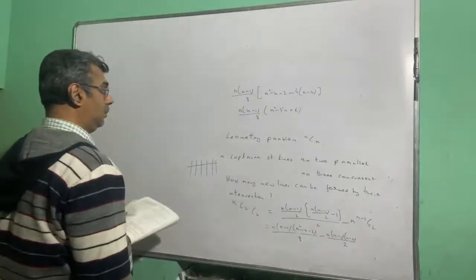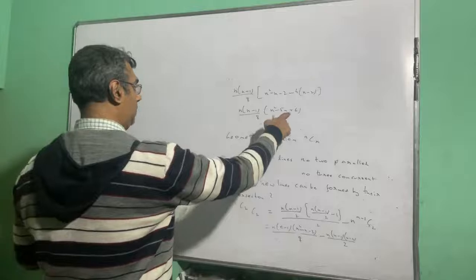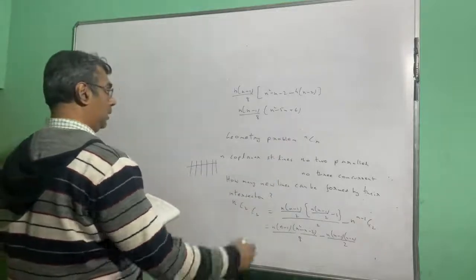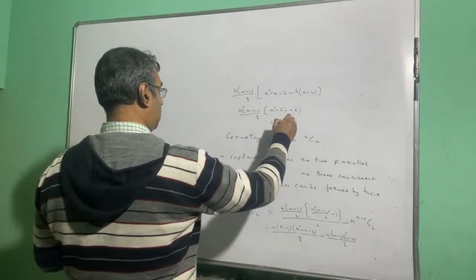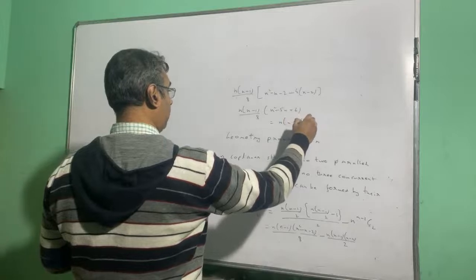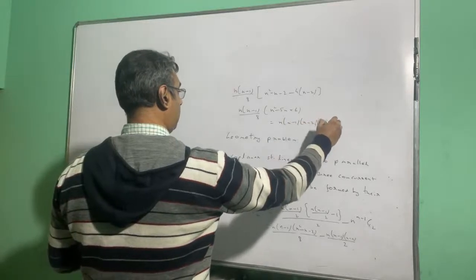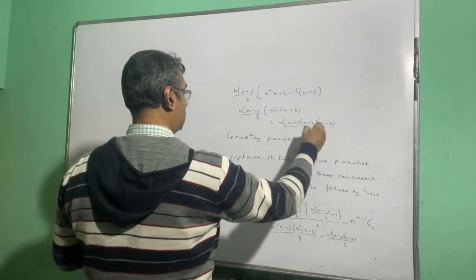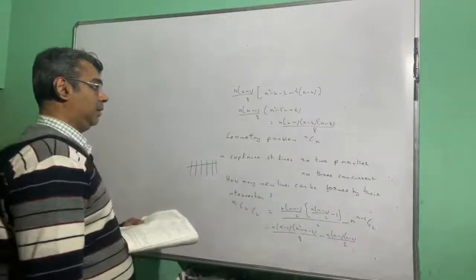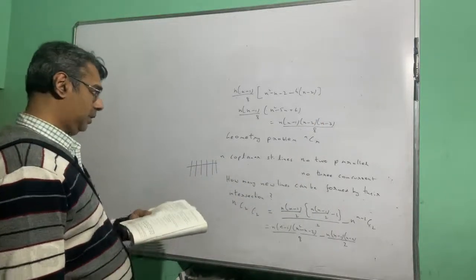So it will be n into n minus 1 by 8 into n square minus 5n plus 6. So ultimately the answer is n into n minus 1 into n minus 2 into n minus 3 by 8.